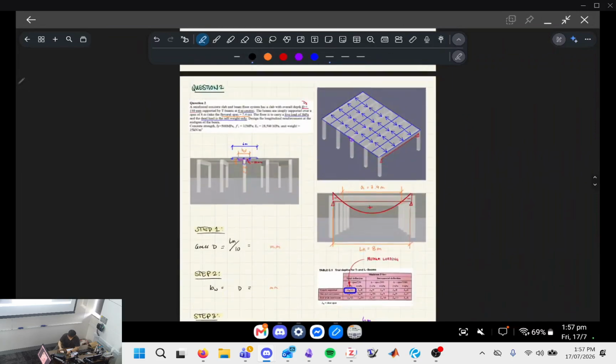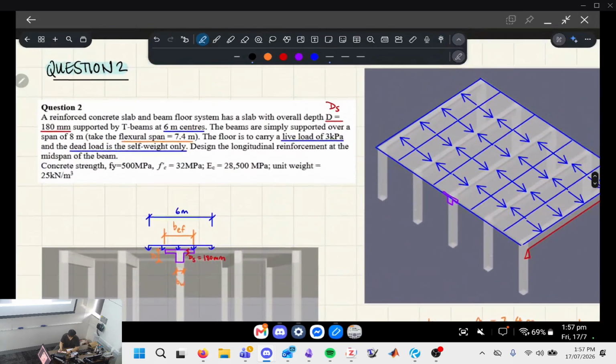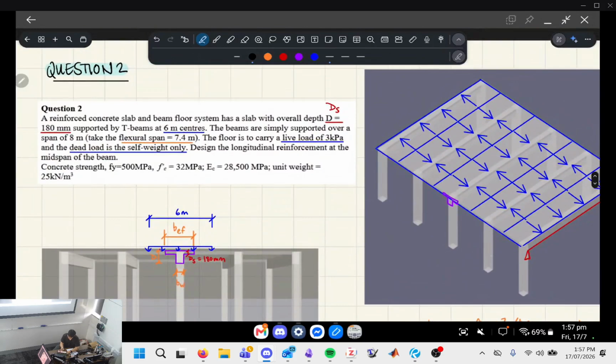All right. The floor is to carry a live load of 3 kPa. This is a pressure value, so Q. I'll just keep it as Q because that just means live load as well. And the dead load, let's represent that as lowercase g.